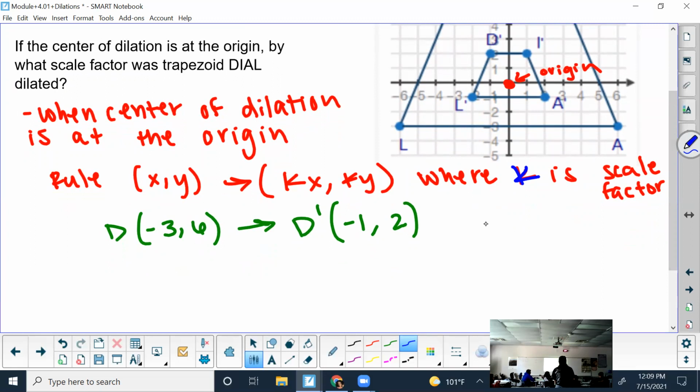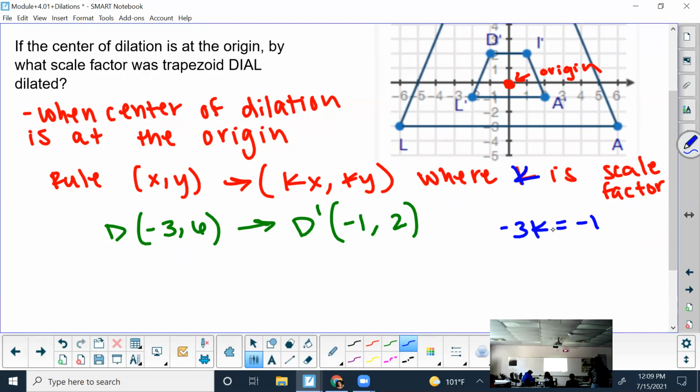So I have k times x, and x is -3. k we don't know, that's what we're solving for. -3 times k ended up equaling -1. Well, I can do some inverse operations to isolate the k.